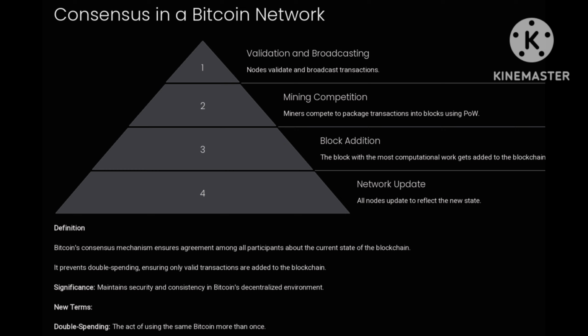Significance: this process ensures security, transparency, and consistency, making Bitcoin a reliable and decentralized currency system. New term: double spending. This occurs when someone tries to spend the same digital currency more than once. Bitcoin's consensus mechanism prevents this by verifying every transaction.